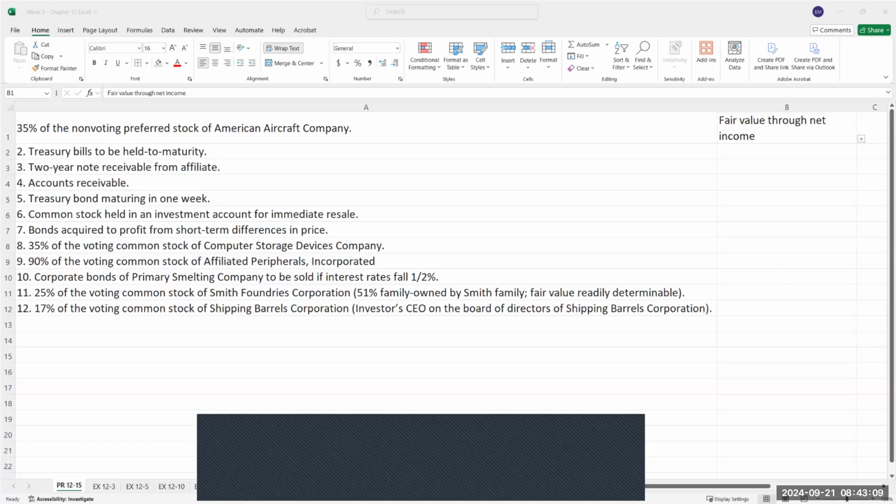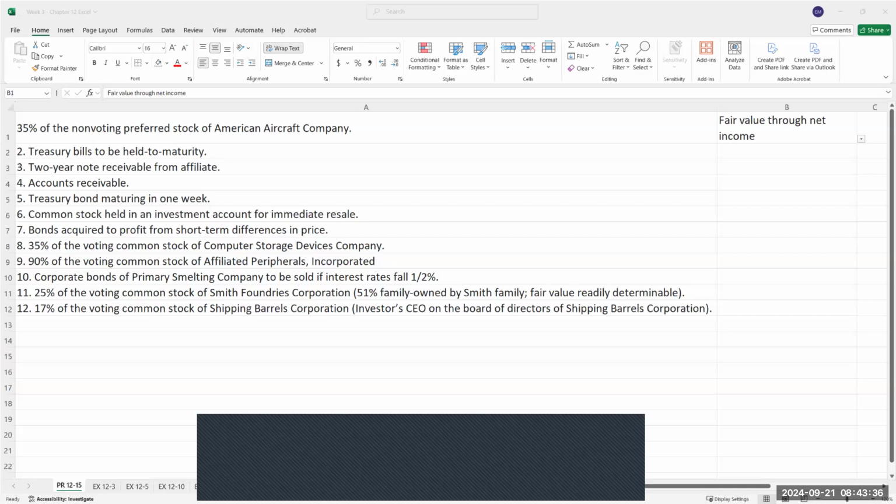It says 35% of the non-voting preferred stock, so someone might get confused and look at the percentage. Here we see 35%, and we might be thinking, well, hey, the investor has significant influence. One of the key things is that the 20%, the 20 to 50%, and the 50+% needs to represent voting stock. This problem states non-voting stock.